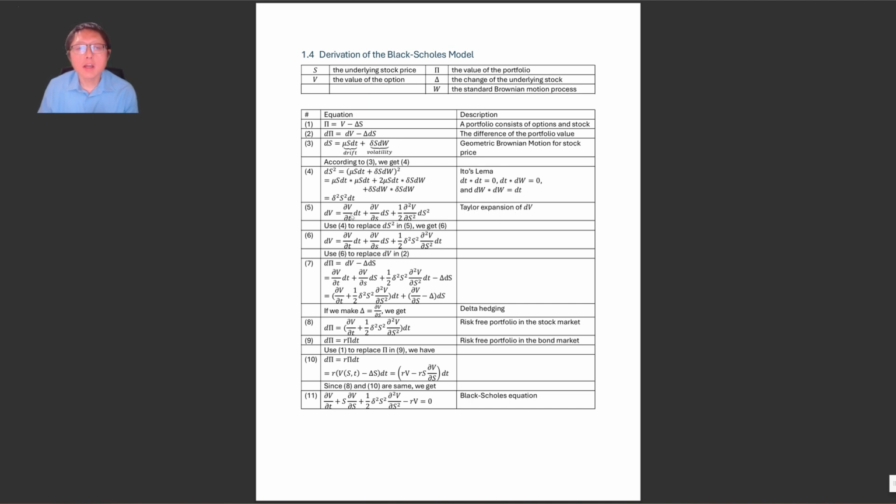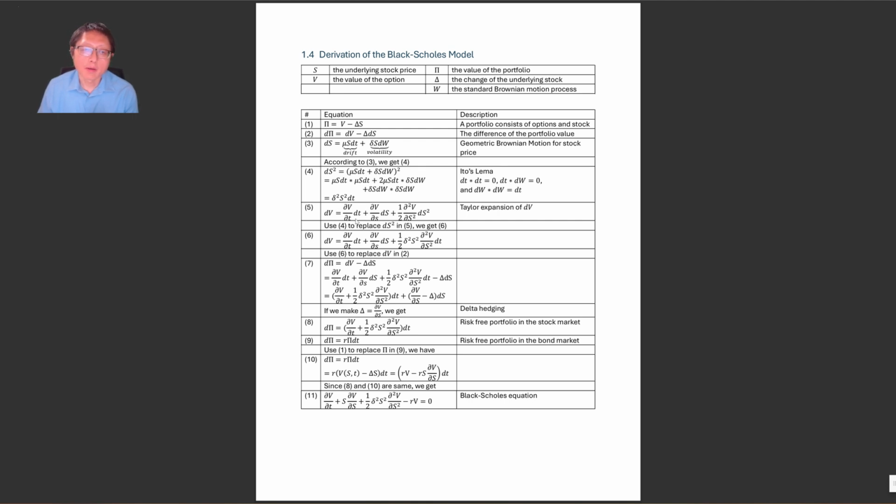I think the key point here is you have to decide which order is relevant and which is not. Because V is a function of t and s, we have partial V partial t times dt. This is first order; you could go to second order, but when dt is very small, dt squared will be 0.